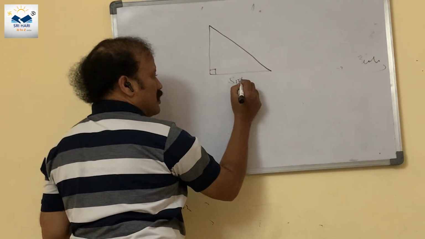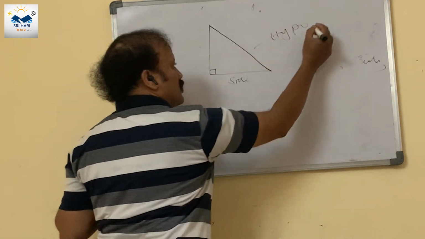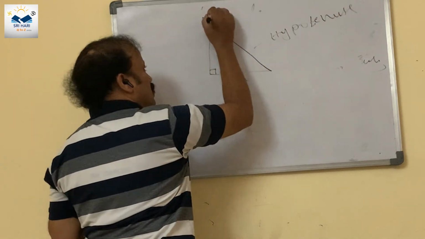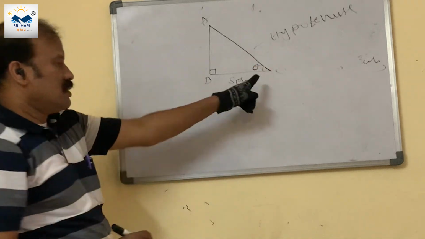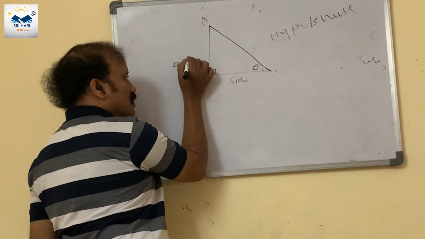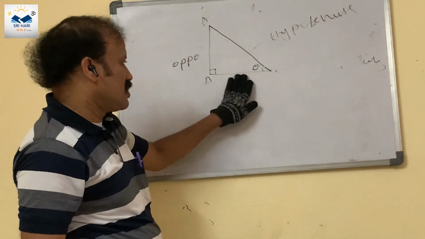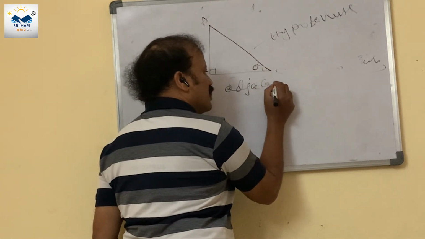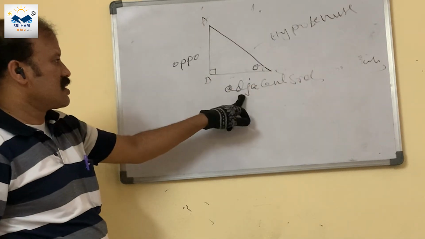It is the side, the hypotenuse. If you keep theta here, this is the opposite side. This is the hypotenuse. This is the adjacent side. So hypotenuse, adjacent side, opposite.